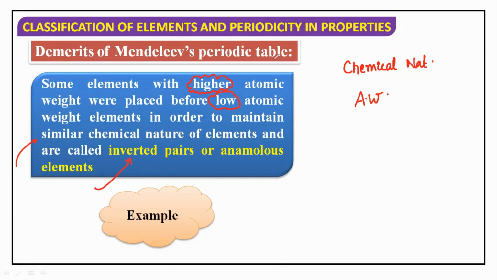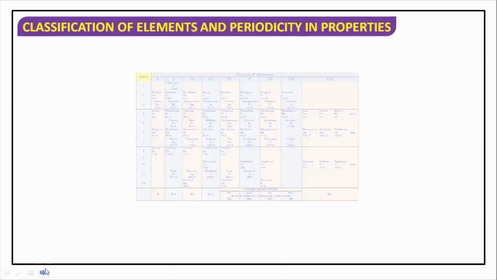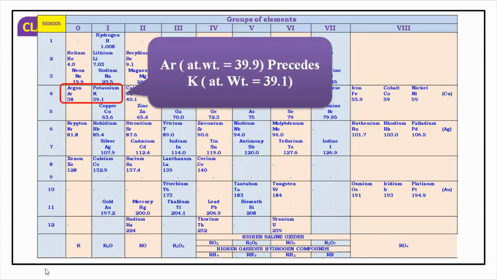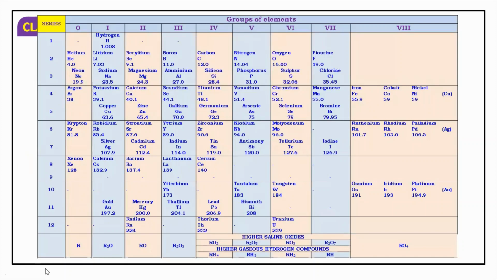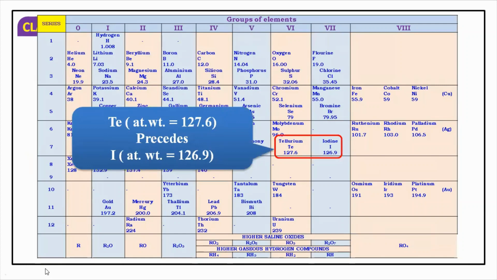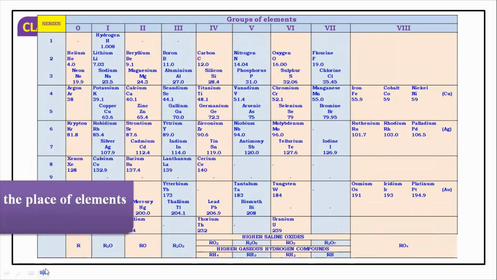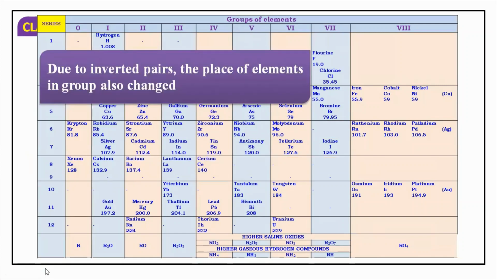Inverted pairs means higher atomic weight before and lower atomic weight later on, right? Example, argon and potassium. So they should be arranged in the other way around. Then cobalt and nickel, same weight. Beryllium and iodine. So they were all inverted pairs.